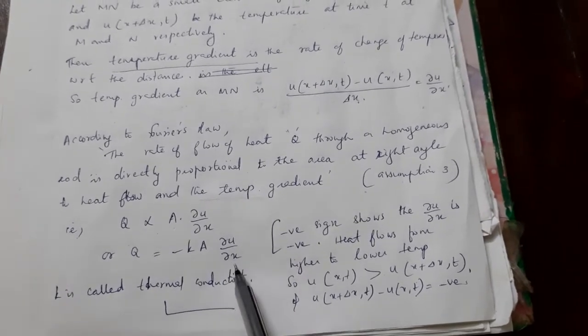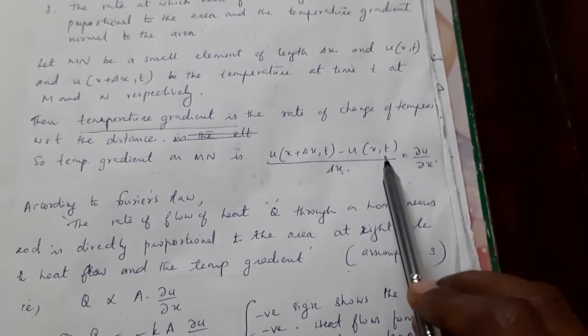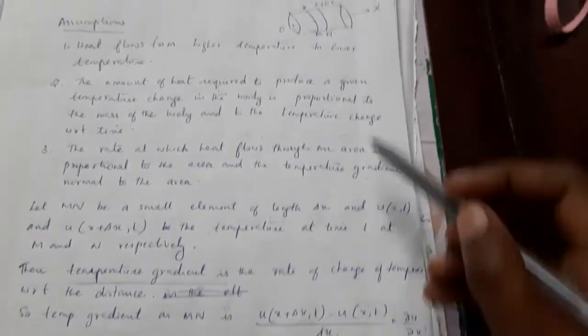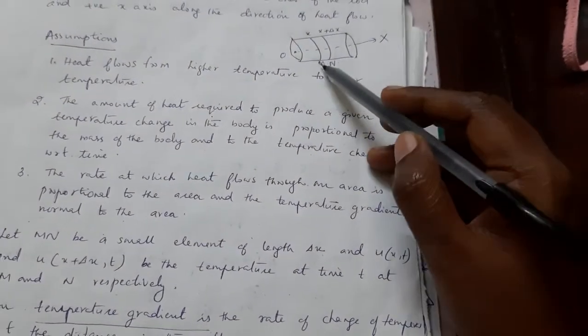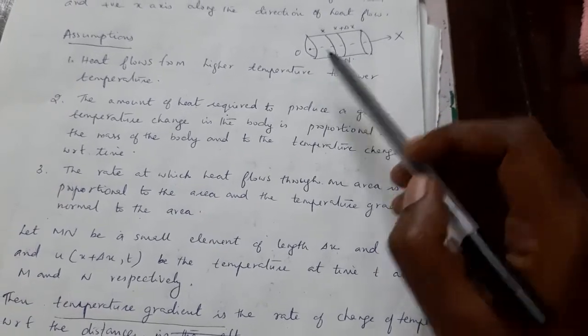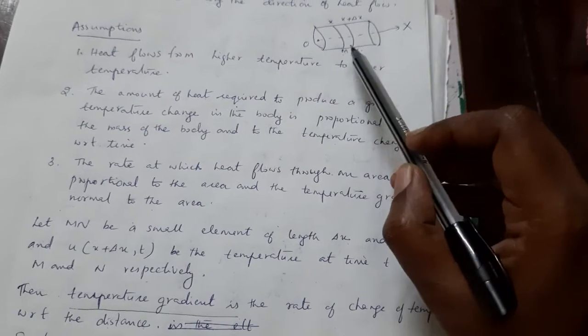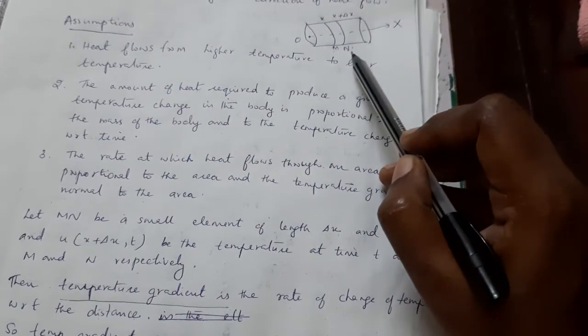Because what is ∂u/∂x? ∂u/∂x is u(x+Δx, t) minus u(x, t), and this u(x+Δx, t) is the temperature at n. u(x, t) is the temperature at m. And we know that from the first assumption, heat flows from higher temperature to lower temperature. So temperature at m is greater than temperature at n.